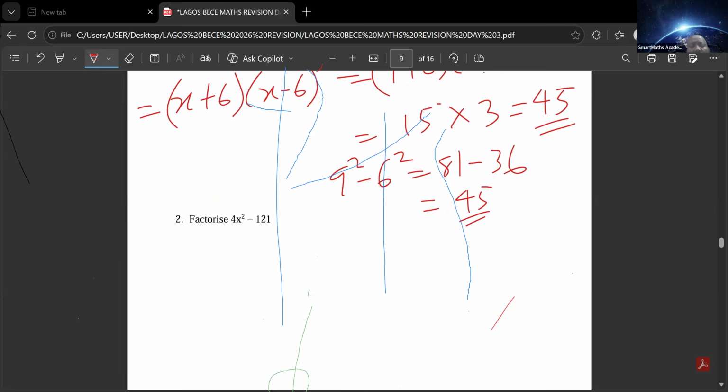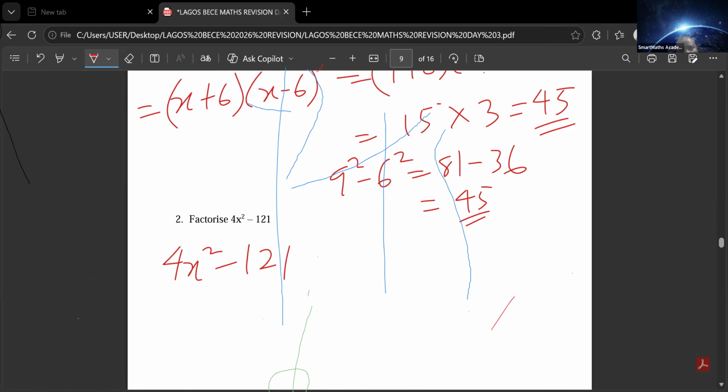We have 4x squared minus 121. So you can see 4 cannot go into 121. How am I going to factorize this one? Once you see 121, that is a perfect square. 11 times 11 is 121. If you know your square number table, this one will be very easy for you.